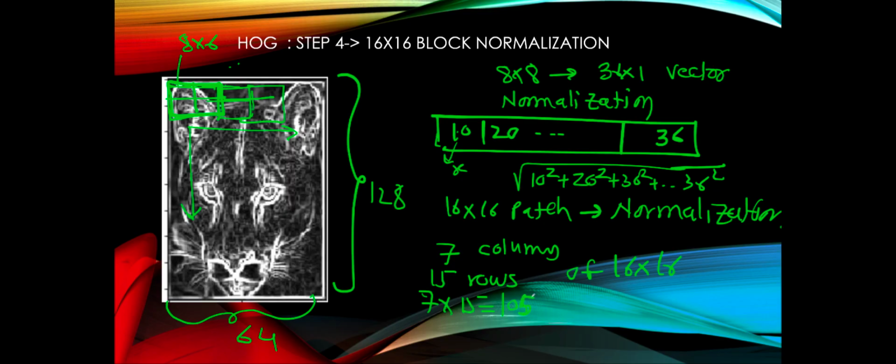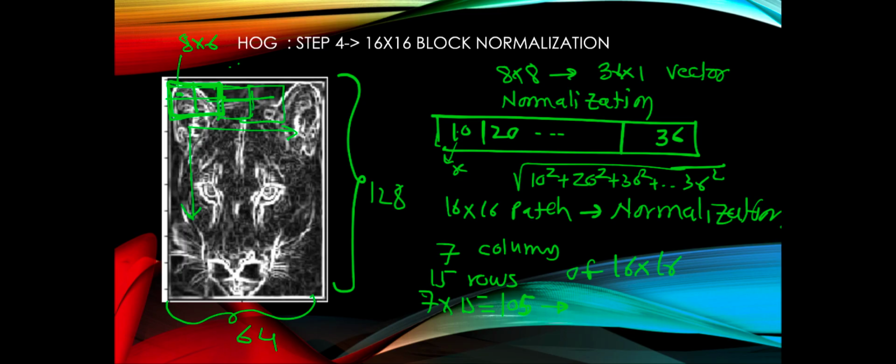Yes, and for each of the 105 patches of 16 by 16, we will compute a vector. Each patch of 8 has a 9 bin vector, so for 4 patches it will be 36.